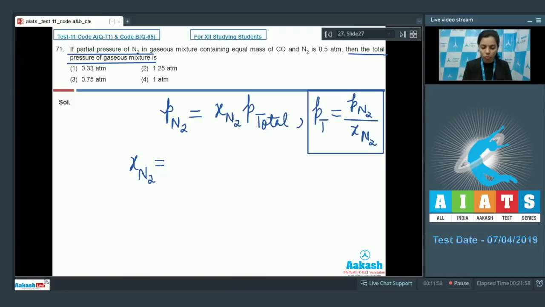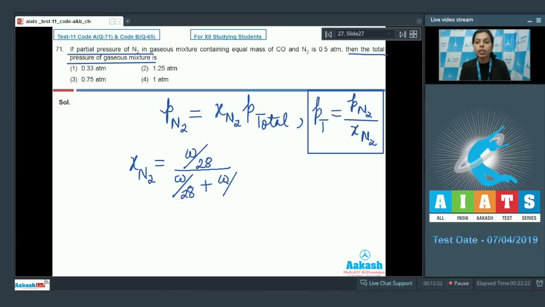If I talk about nitrogen, let us assume we are considering W gram of nitrogen divided by its molar mass, which gives the moles of nitrogen. Similarly, this is divided by moles of nitrogen plus moles of carbon monoxide.